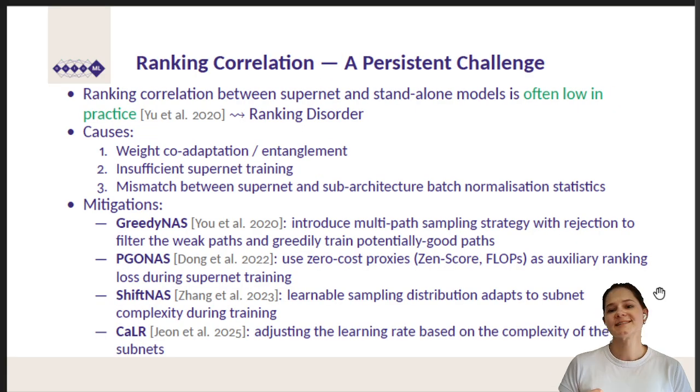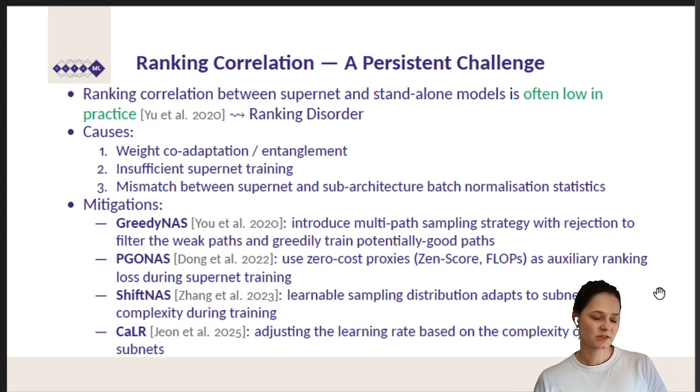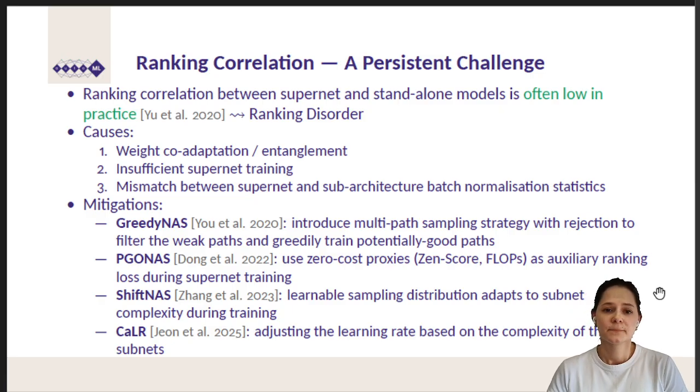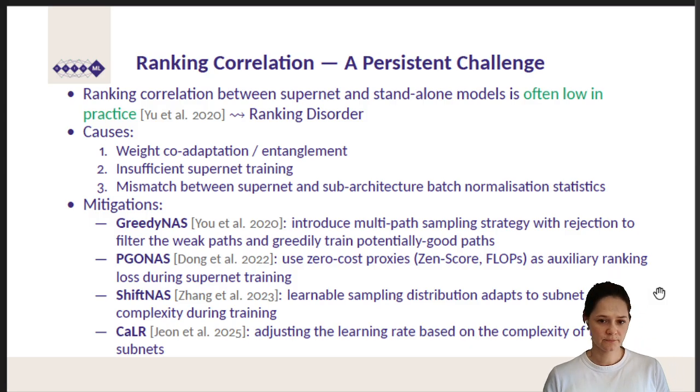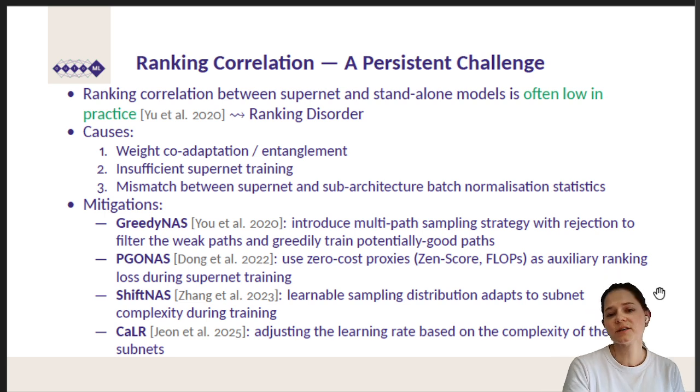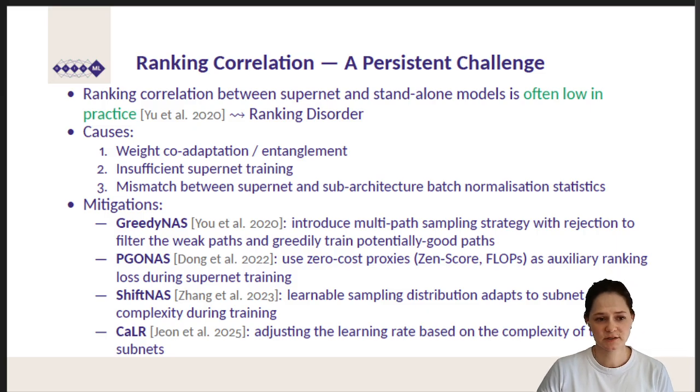However, that is not always the case, and it is a persistent challenge in current research because the ranking correlation is often low in practice, which we call the ranking disorder. Reasons can be weight co-adaptation and insufficient SuperNet training, so maybe the super network in the training process is focusing on certain operations instead of others, and eventually also a mismatch between the super network and the sub-architecture batch normalization statistics.